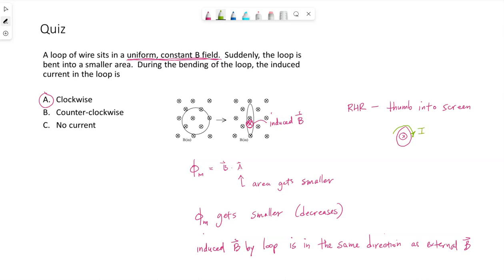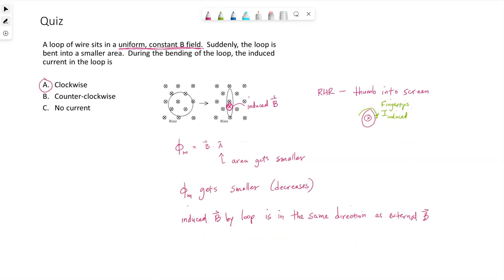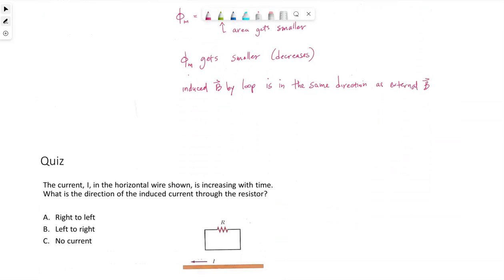My fingertips of my right hand represent the direction of the induced current. And so that's why we get clockwise in this particular case. Let's look at one more.